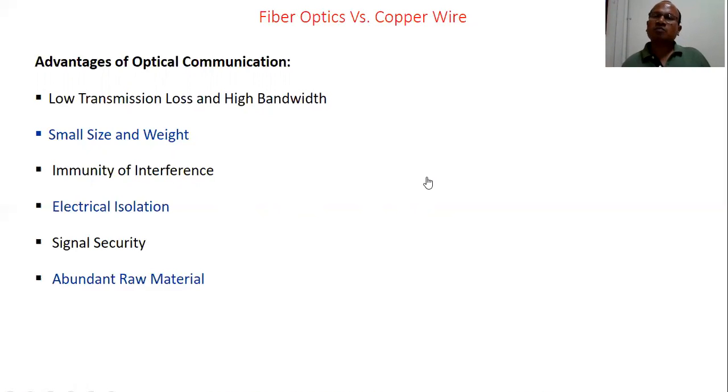What are the different types of optical losses? Fiber losses, we'll study. Some degradation still happens, around 0.2 dB per kilometer, in optical communication also. But the transmission loss is low, and electromagnetic interference is not there, because of that low transmission loss.